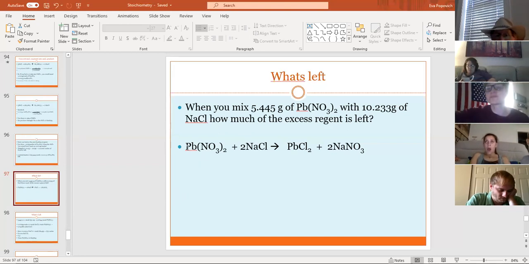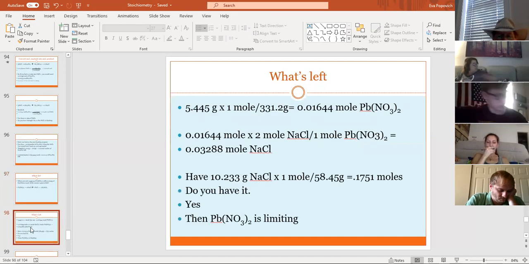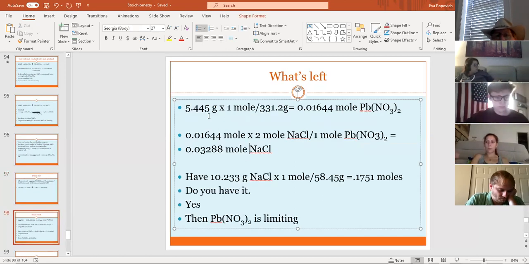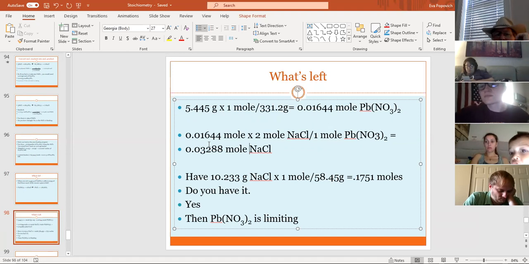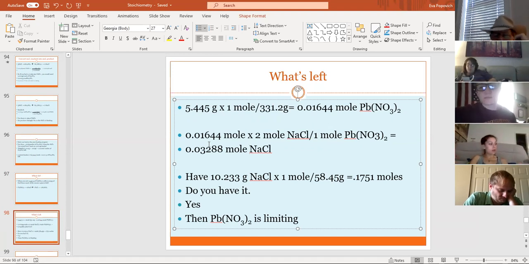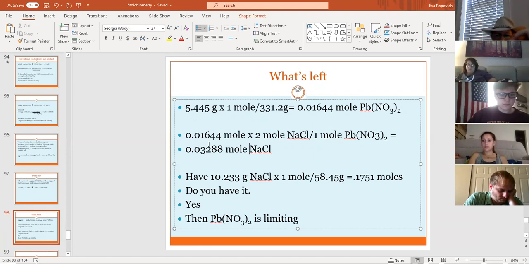Yes, between lead and the sodium chloride. So if I have 5.44 grams of lead nitrate, I need 0.03288 moles of sodium chloride. Does that make sense? Yes.